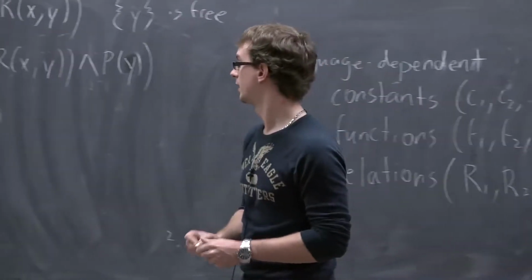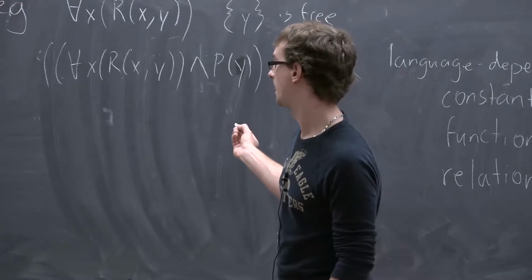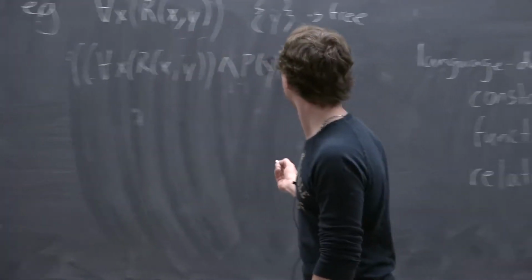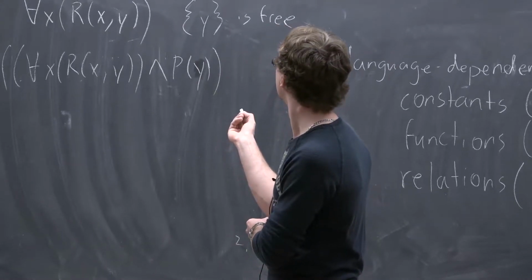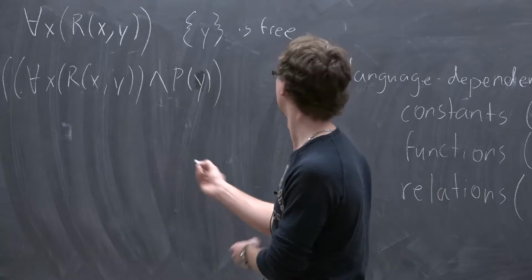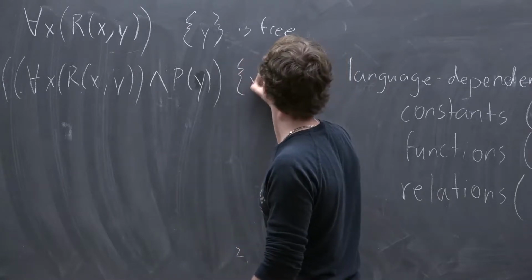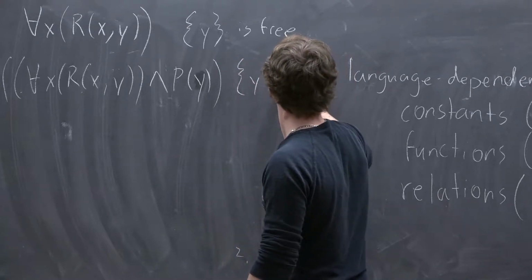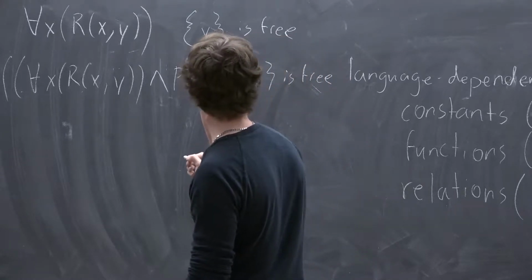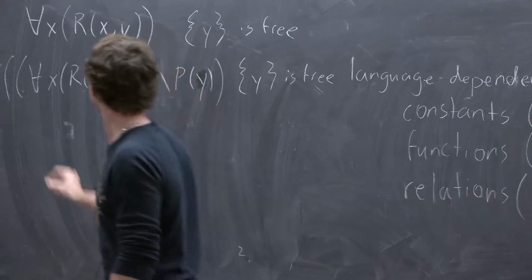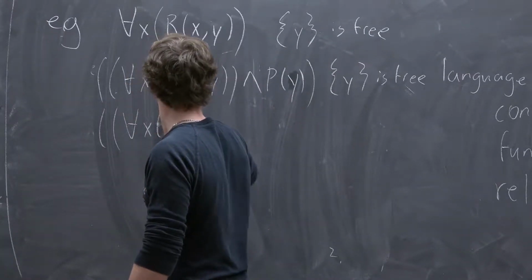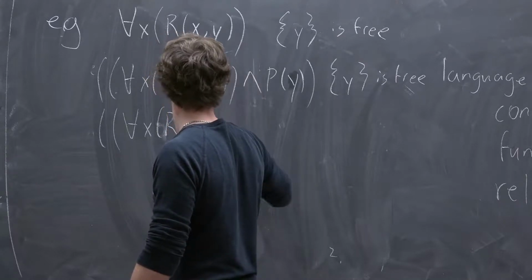So according to our definition, to be free, it just has to appear somewhere not in the scope. So it's still free. Okay, hold on. So those are the obvious examples. And then what I wrote before, I think.